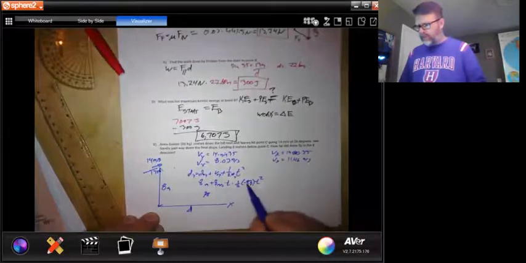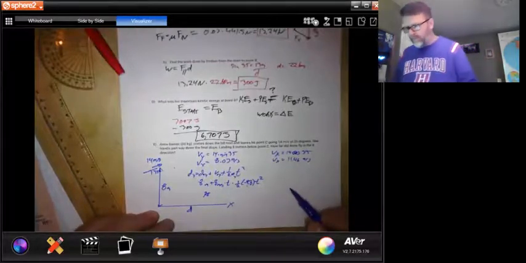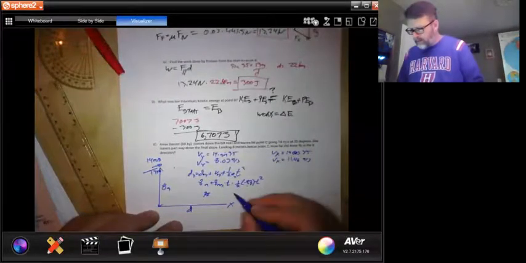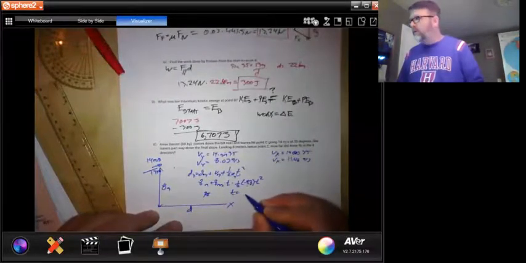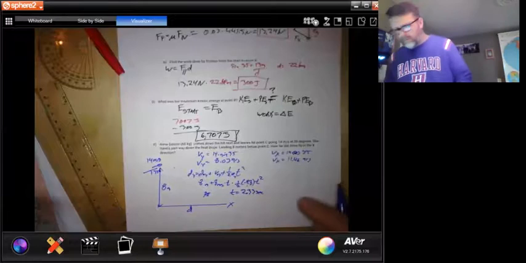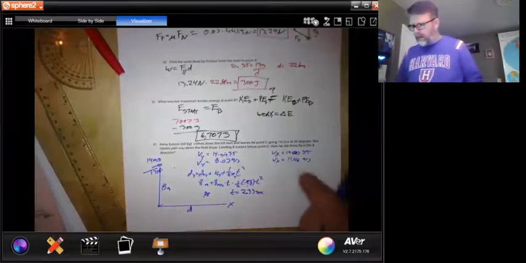So positive, positive, negative, so I'm keeping track here. Okay, I plug that into the quadratic calculator, and I get my time was 2.33 seconds.